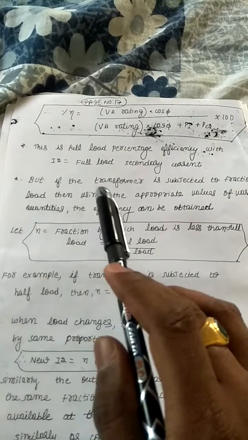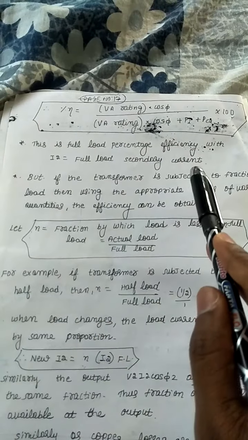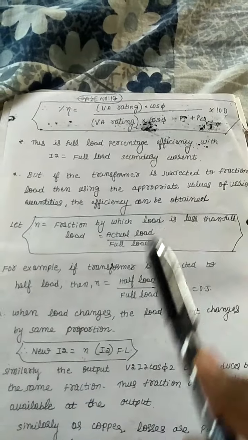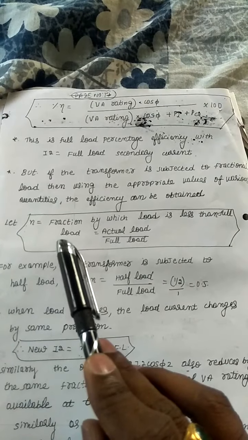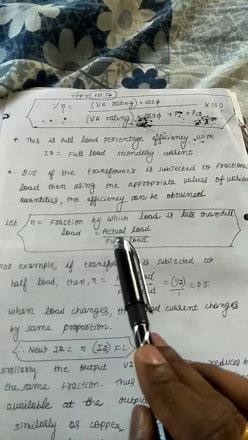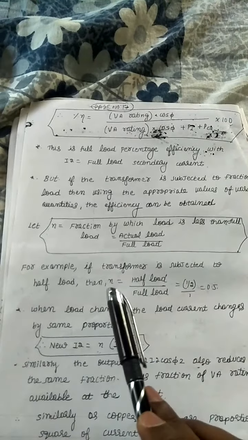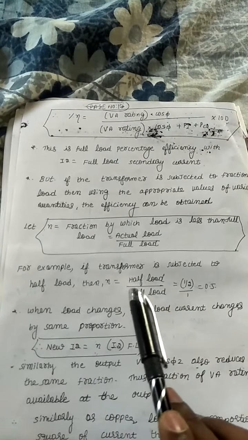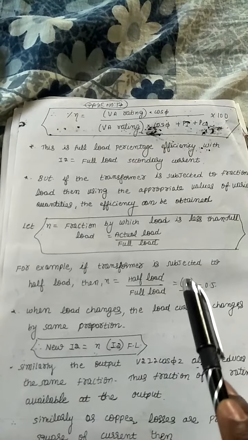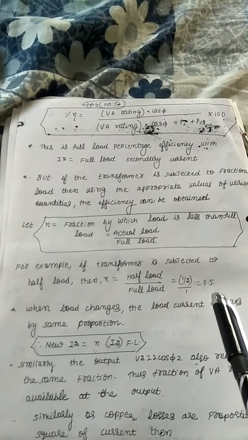Here I2 is equal to the full load secondary current. Suppose the load is a fraction: the formula uses actual load divided by full load. If the transformer is subject to half load, that is half divided by full load, where full load means 1, it is 0.5.